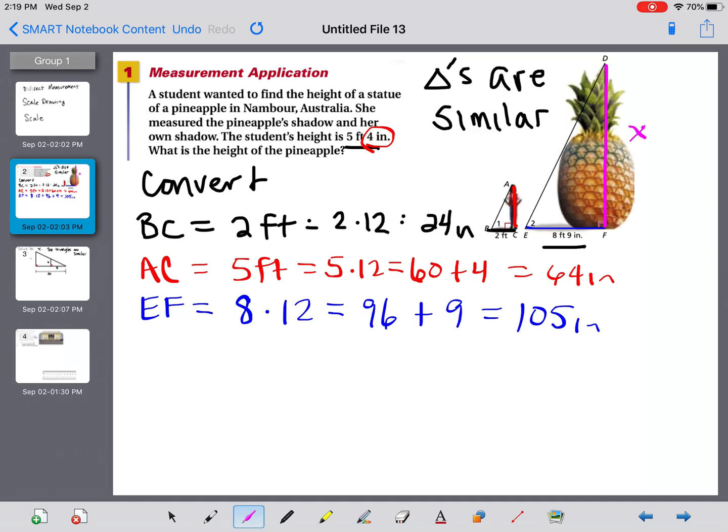We know that this side matches up with our red side of 64 inches. So we can set up the ratio 64 over our unknown is going to match, on the top, I've got to put this length, the first triangle that we used, so the 24 inches over 105.